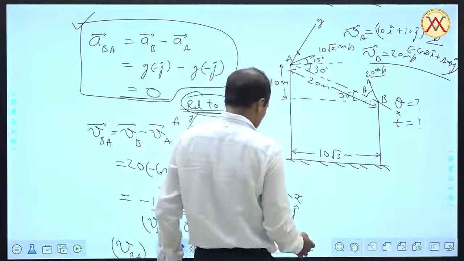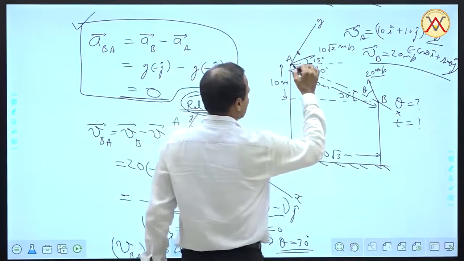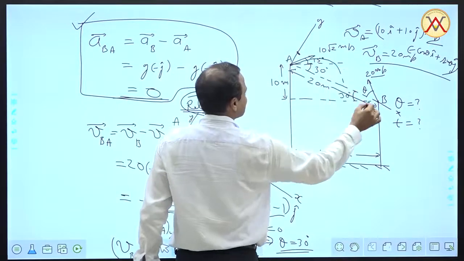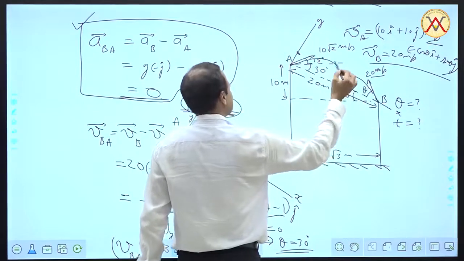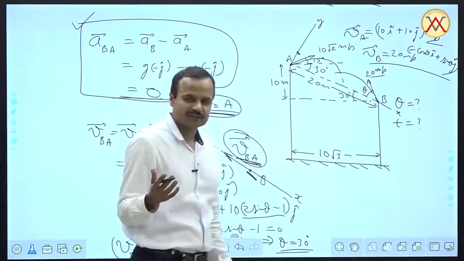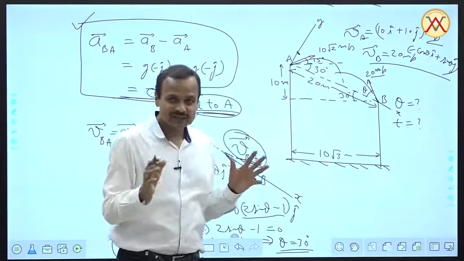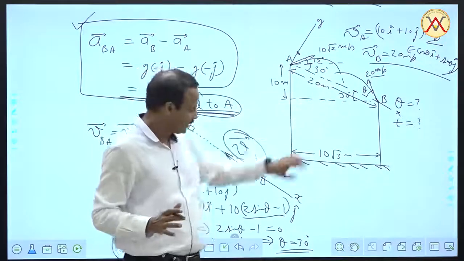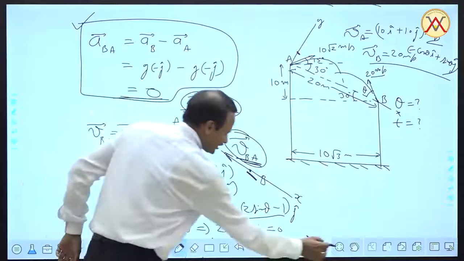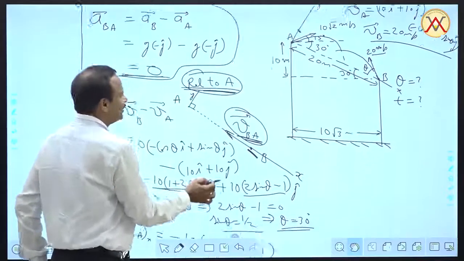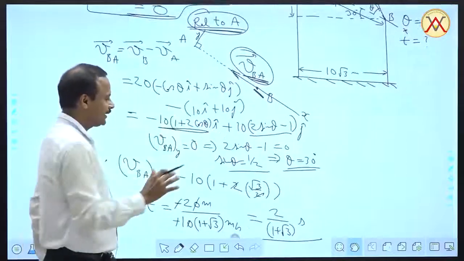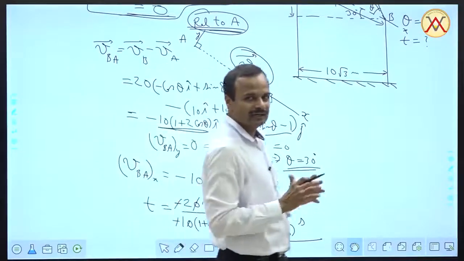Here, if you do it from the ground frame, mind you, the path of this projectile may be something like this, the path of this projectile may be something like this, and they are colliding somewhere there. So it's quite tedious. But this one is much simpler. The only thing is that you have to apply thought in terms of relative motion.